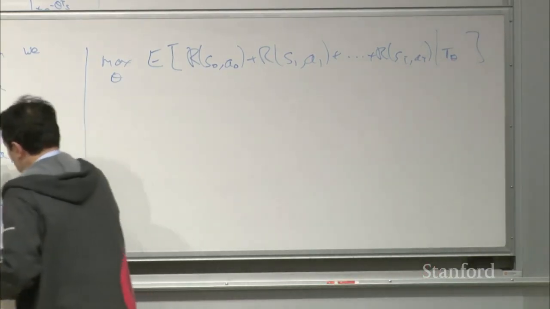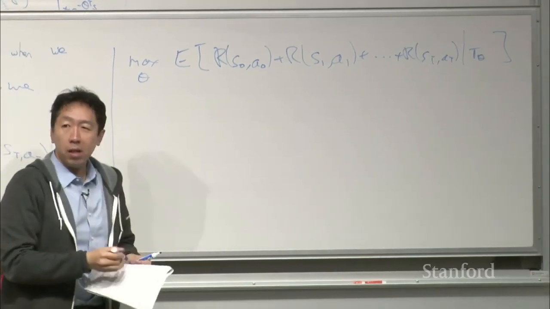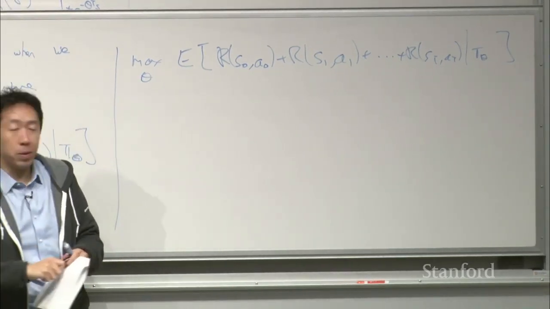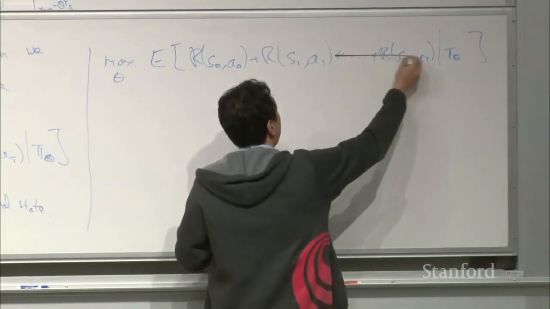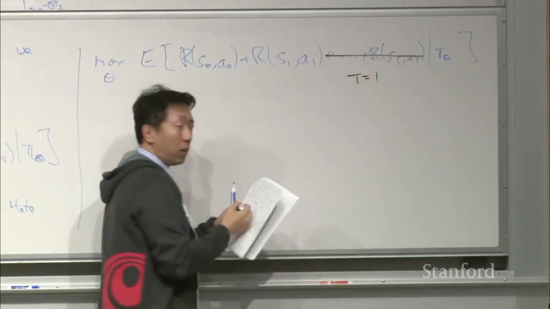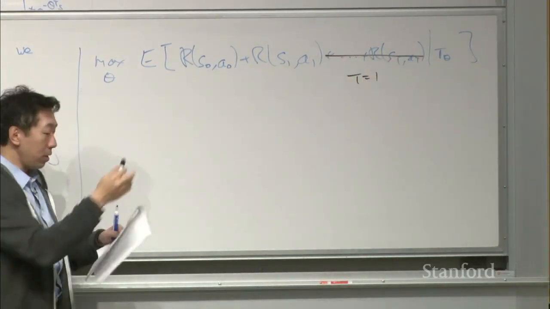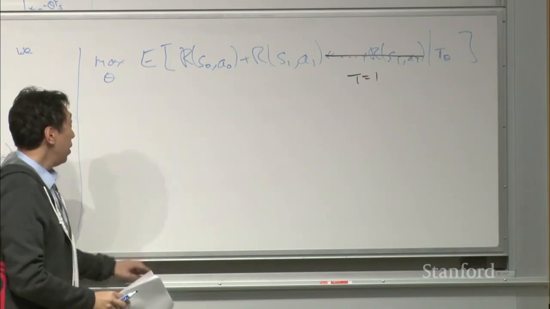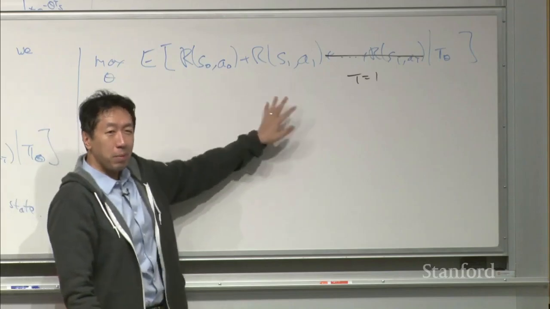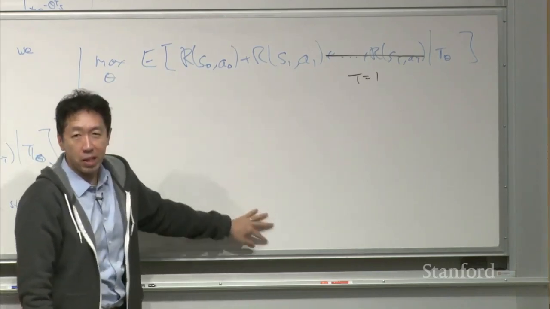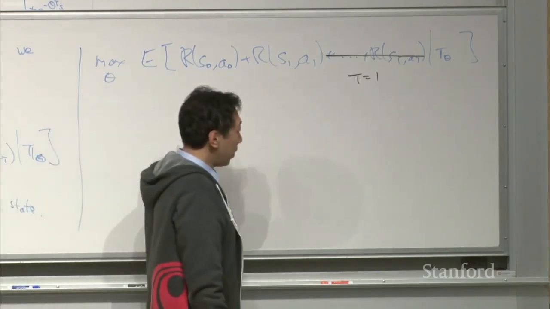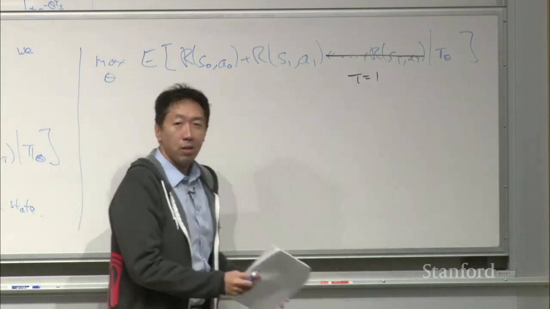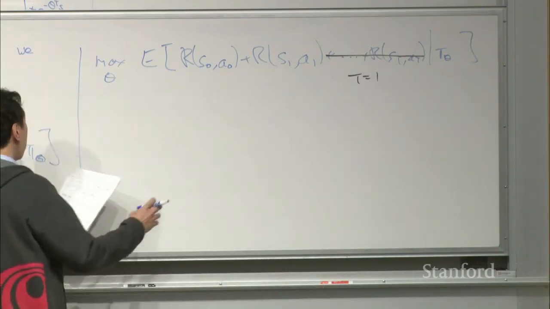And in order to simplify the math we'll write on this board today, I'm just going to set capital T equals 1 to simplify the math in order to not carry such a long summation. So I'll just do a 2 time step MDP to simplify the derivation, but everything works, just with a longer sum if you have a more general version of T.